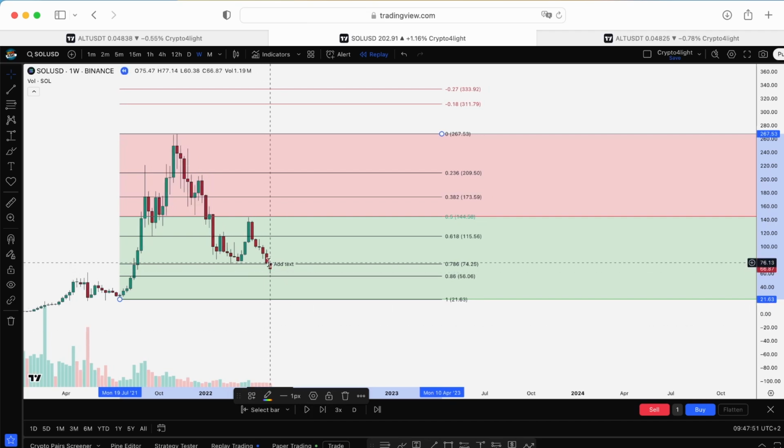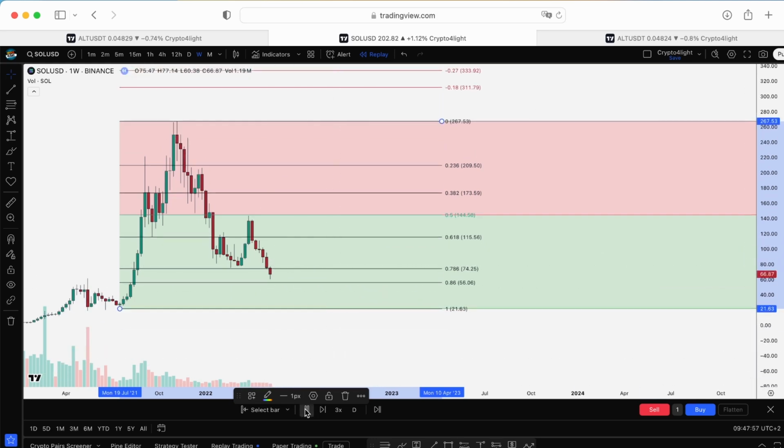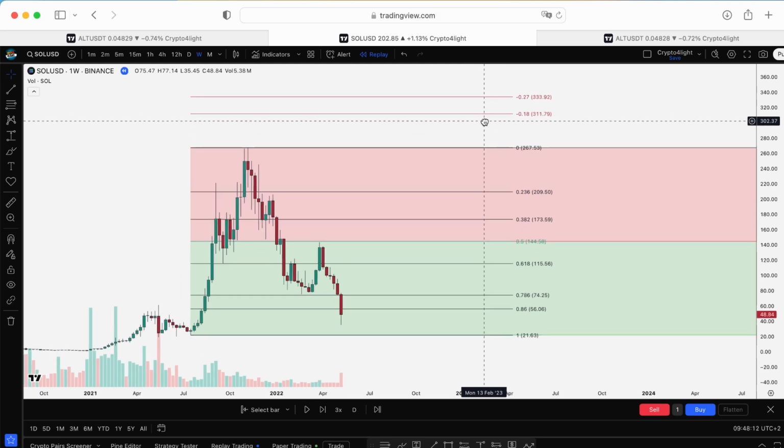Here, we got like support 78, this one. So we got a reaction, hold the line, but after that, we drop it lower. And in this area, based on all rules, we should accumulate the SOL. And for example, we bought at 56 and wait the continuation to the next high.